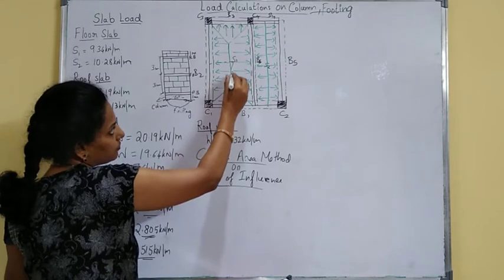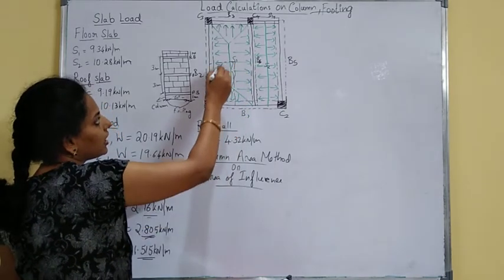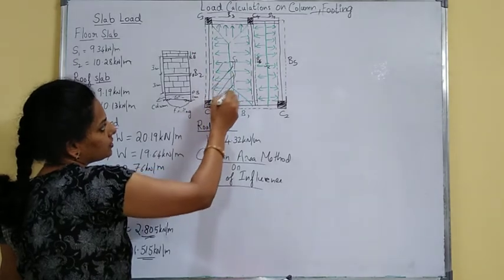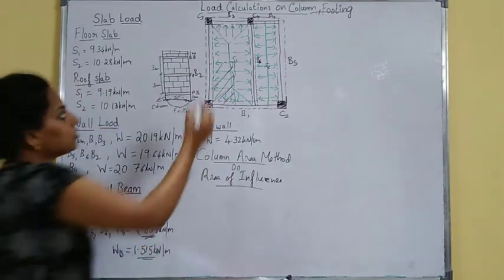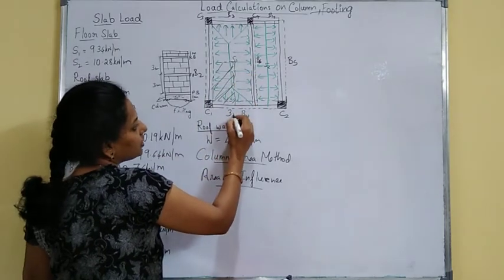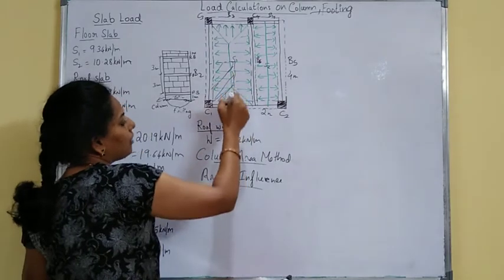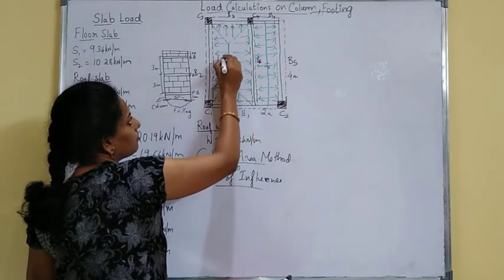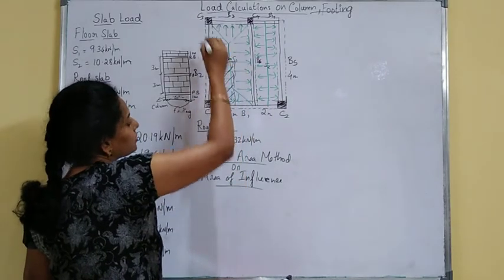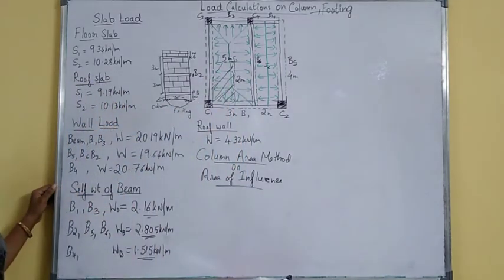Half of 3 meter is 1.5 meter, and 4 by 2 is 2 meter. This is your area of influence.